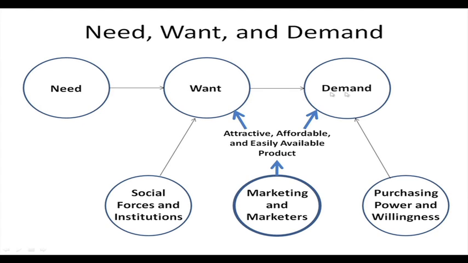So, these are the important things to understand, that the basic needs are different from what they actually want, and what they actually demand and buy will depend on whether they are willing to buy and whether they have the power to buy in monetary terms. Now, where marketing and marketeers come into the picture, they can provide attractive, affordable and easily available products.